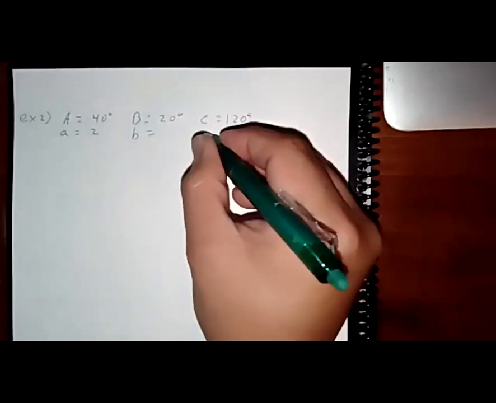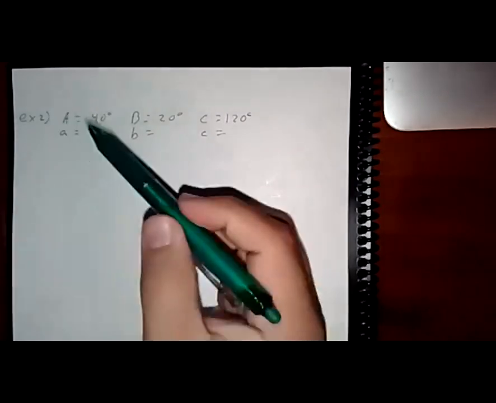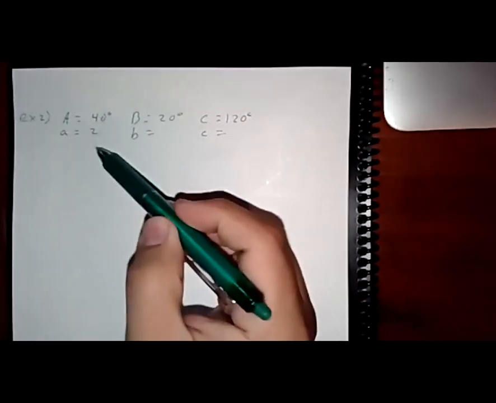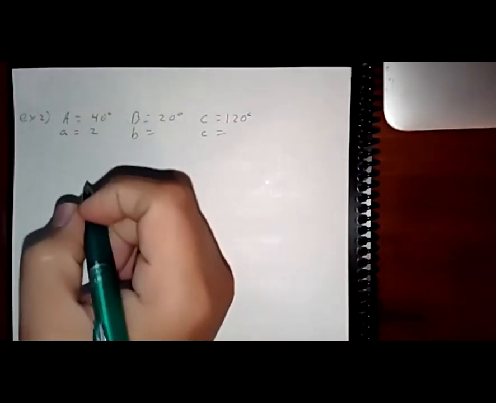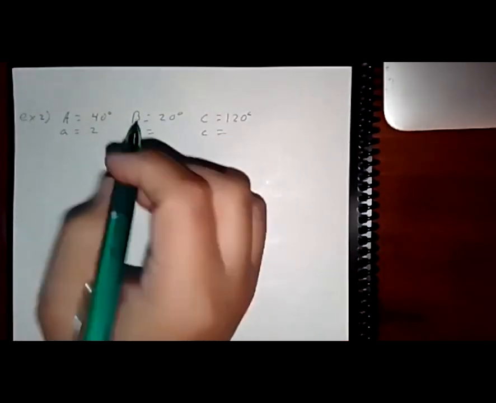So I need to find 2 of the sides. Remember, we cannot use Pythagorean. We have to do law of sines for all 3 sides. And since we have an opposite side to one of our angles, we are able to do law of sines. We don't have to worry about a different method. So I need B.